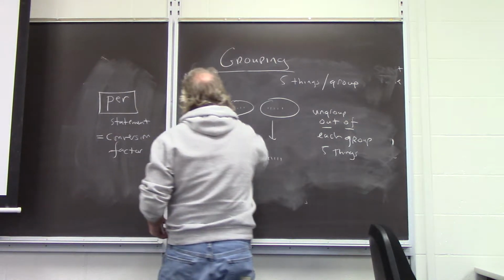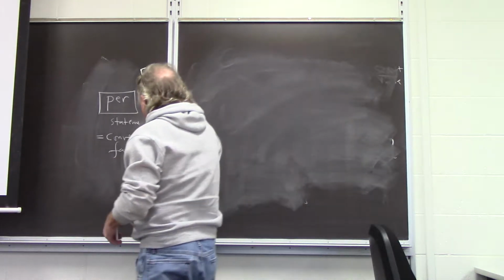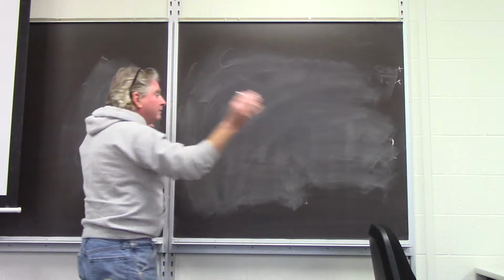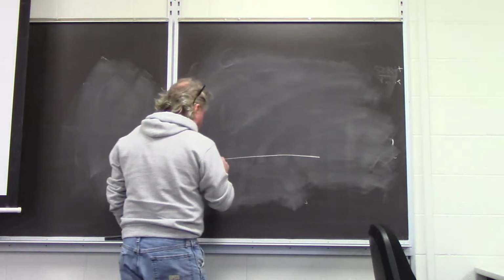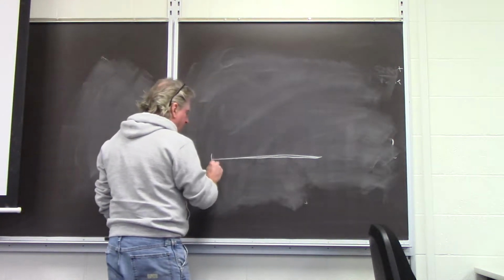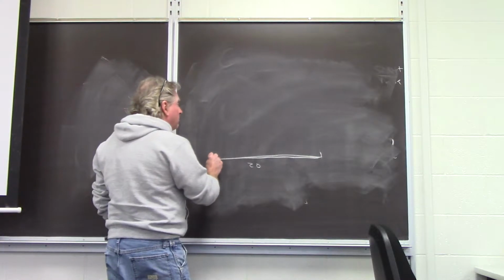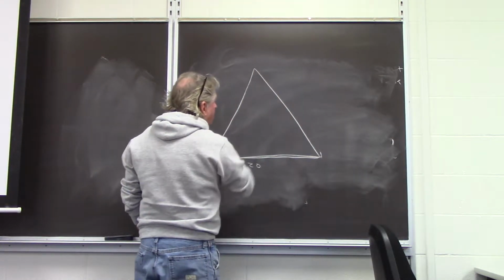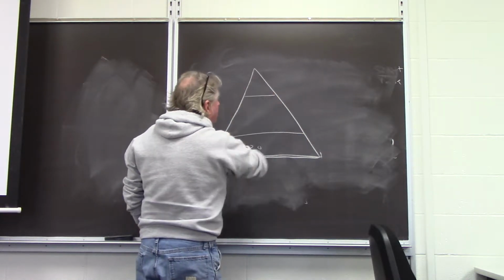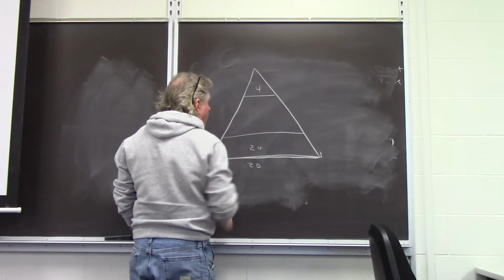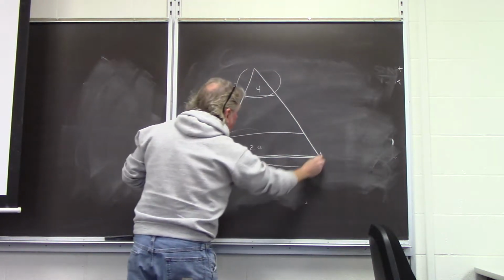Okay, so what I'm going to do now is I'm going to come with a diagram that sort of shows what's happening. All right, so when you group, what you do is you start out with a lot of things. In the case of what we just had, we had 20 things. And then you group them, and so you end up with fewer things. So here's your group of 20, and then what we did is we end up having a group of 4. So things got smaller. This is smaller than this guy down here.